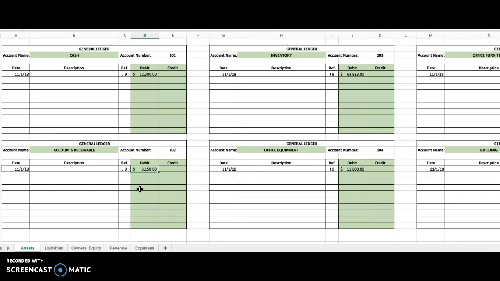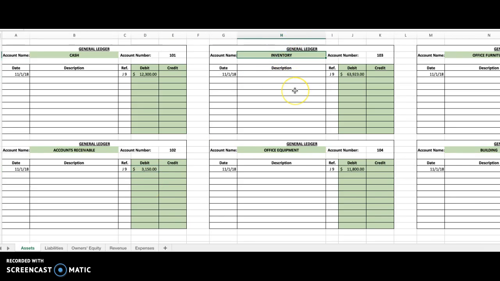Eventually, way ahead in the second semester, we will see that there's another ledger. This is the general ledger, but there's another, what we call a subsidiary ledger, that will show individual accounts of individual customers. We're not ready for that yet. So this simply shows us that some number of customers owe us a total of $3,150.